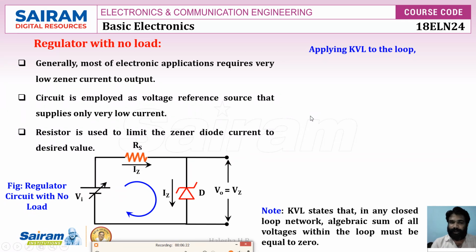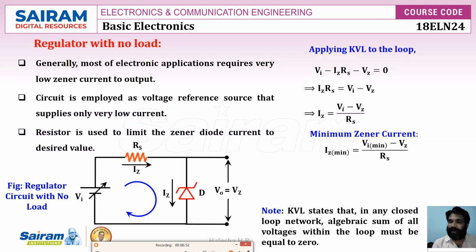So in such a case, the equation is VI minus IZ into RS, that is the voltage across RS, minus the voltage across the Zener diode VZ, is equal to 0. From this equation we can derive the expression for IZ. So IZ RS is equal to VI minus VZ, so IZ is equal to VI minus VZ divided by RS.